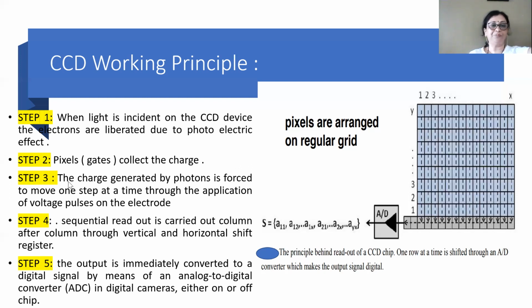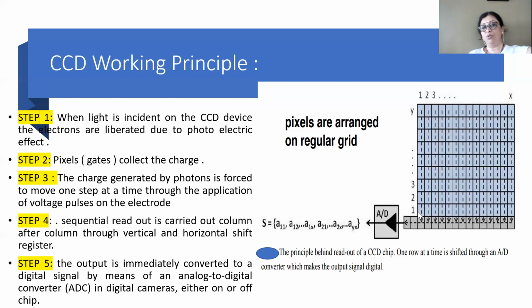Okay, so in step number 3, the charge generated by photon is forced to move one step at a time by application of voltage pulses on the electrodes which are present on the pixel. Okay. So step number 4 is sequential readout, carried out column after column through vertical and horizontal shift register. Just now, as I have told you, all the pixels from row number 1 will be shifted to the horizontal shift register.